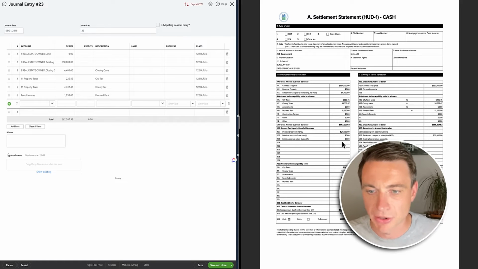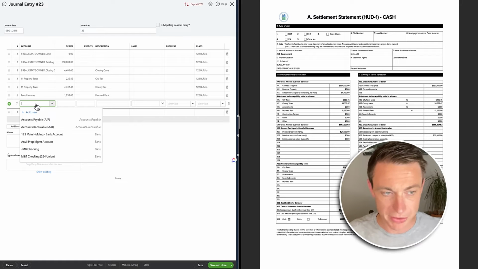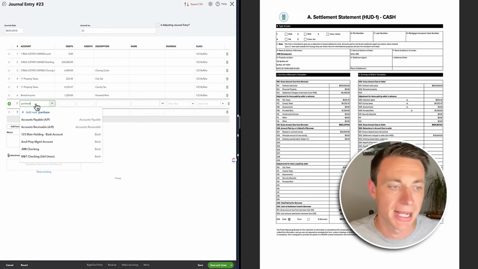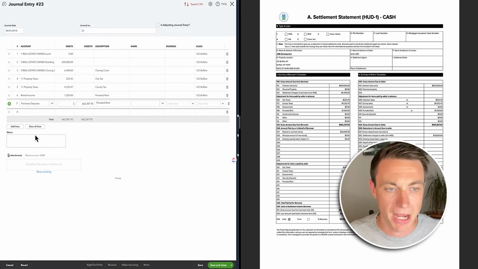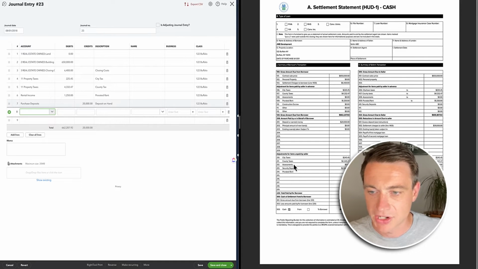Now most of these are gonna be credits, so deposit or earnest money. So that's that deposit I have. Okay, so we're saying that I have to come to the table with $20,000 less because I have this purchase deposit account right here. Purchase deposits, $20,000. This is a deposit on hand for 122 Buffalo, excellent. And then going down, I have some taxes that they actually owe me, okay?